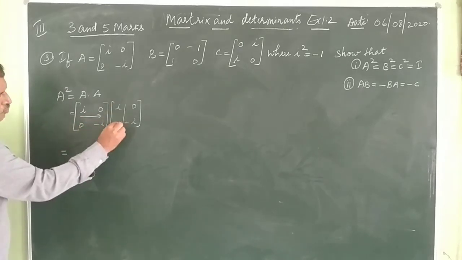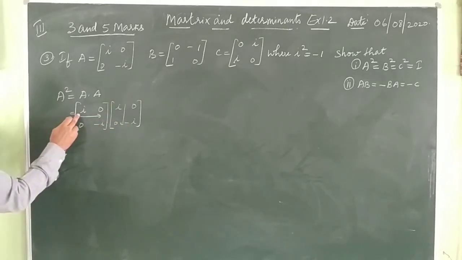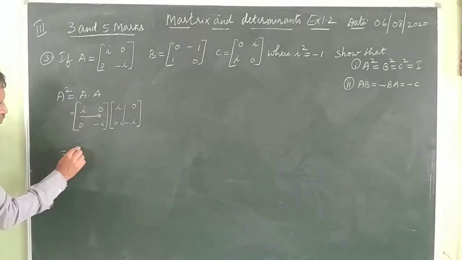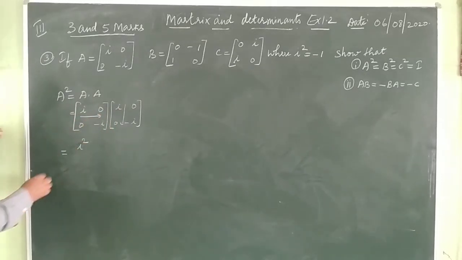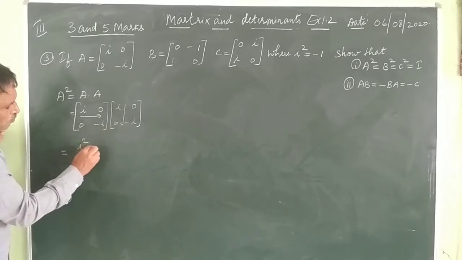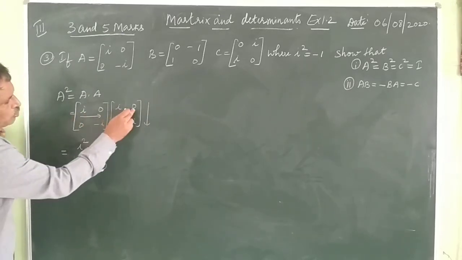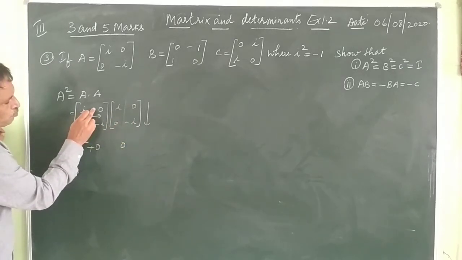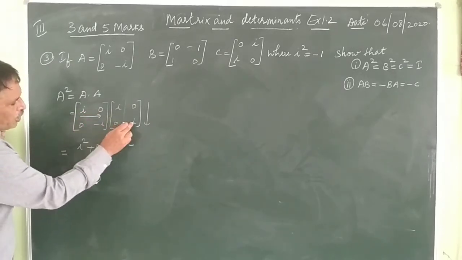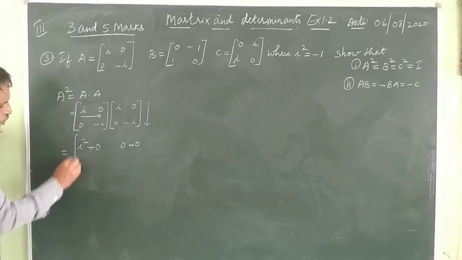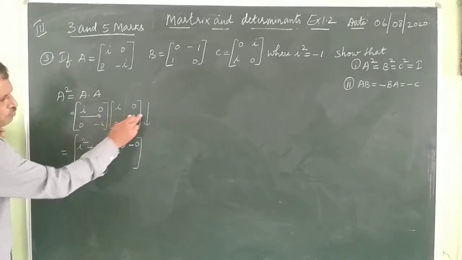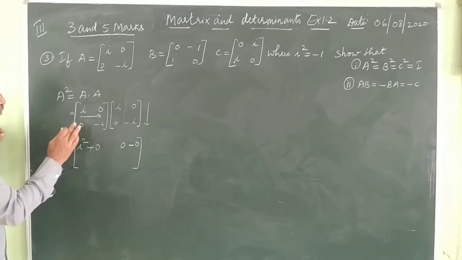First row, first column: i into i is i square. Okay, next 0 into 0 plus 0. Next first row, second column: i into 0, 0. Plus 0 into minus i, 0. So first row is over.